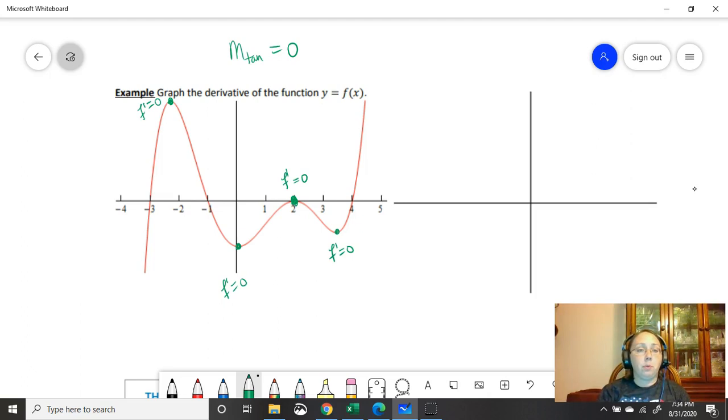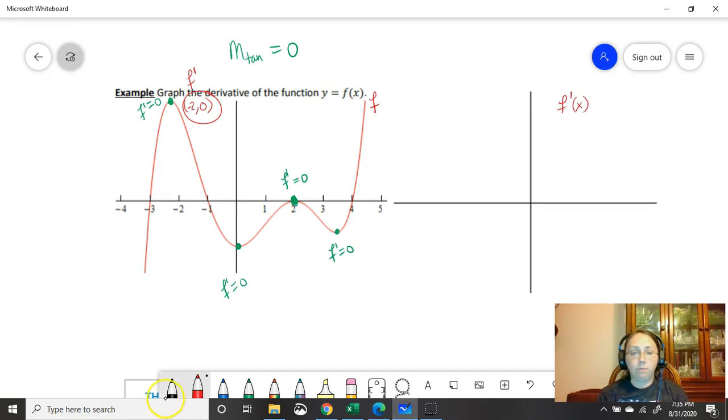So our first point that we're interested in, remember this is f here that we're looking at, is at x is roughly, we'll just call it -2, and the derivative value is 0. So this point here is for the derivative, okay? So at x is approximately -2, the derivative is 0. If I want to graph that, I would go over to my derivative graph and I would plot it.